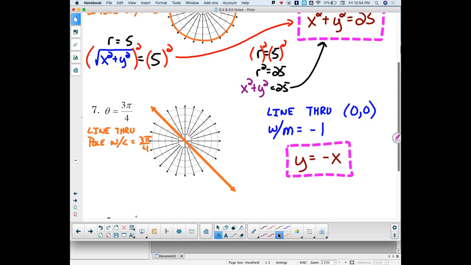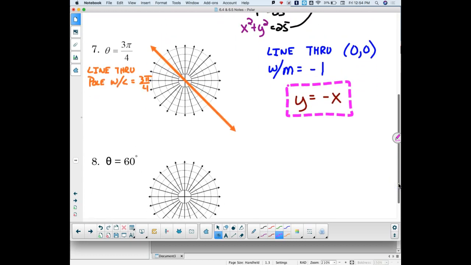Okay. Little side note, the slope of a polar line is equal to the tangent of the angle. Okay? The tangent at 3 pi over 4 is -1. Okay?